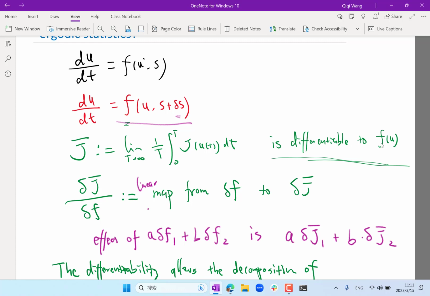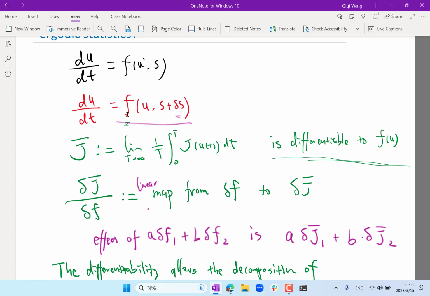That is basically assuming that the statistics is differentiable with respect to the right-hand side of the differential equation. In a functional analysis sense, a functional being differentiable means the map from a small change of the function to a small change in the objective function is linear, and in fact the linear operator is bounded.